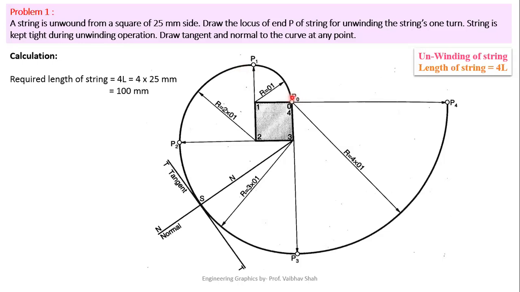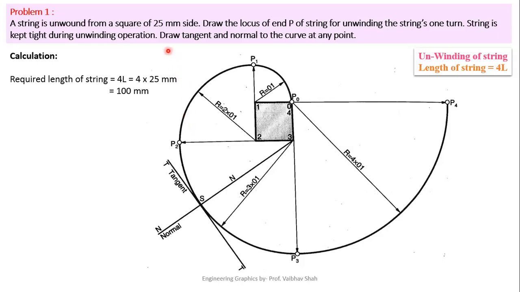So you have the final curve generated by your rounder. So name this curve as P0, P1, P2, P3, P4. Unlike our previous example, we need not join this curve, because while drawing these arcs, we have already generated this curve, which is nothing but our required involute of a square.